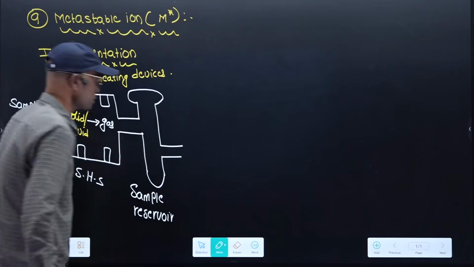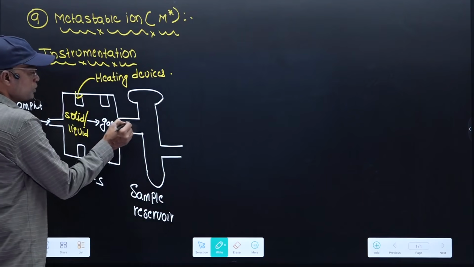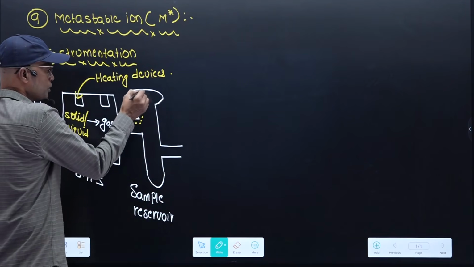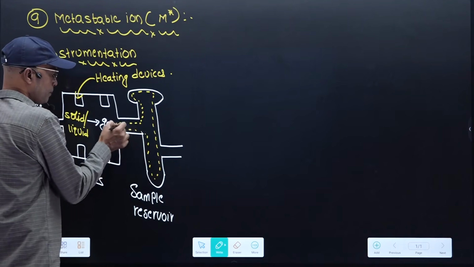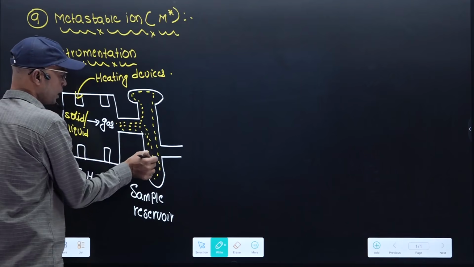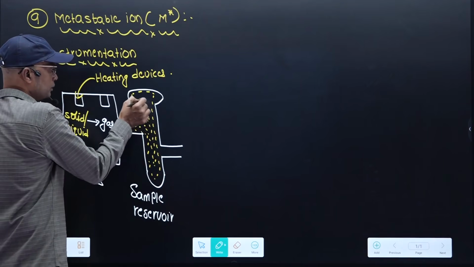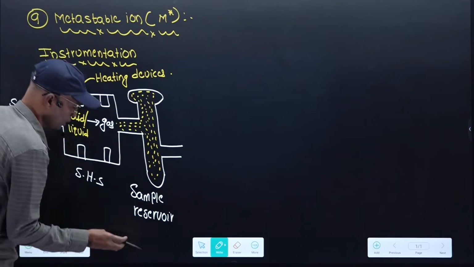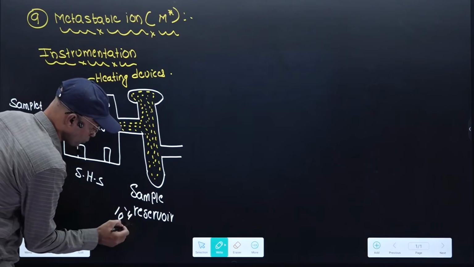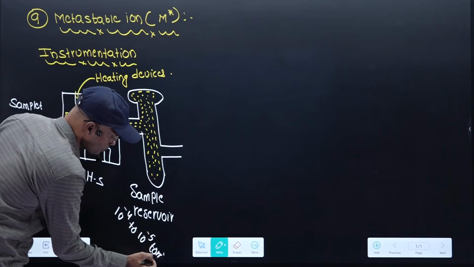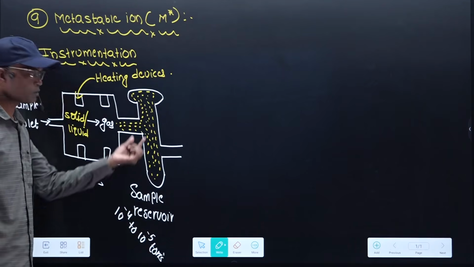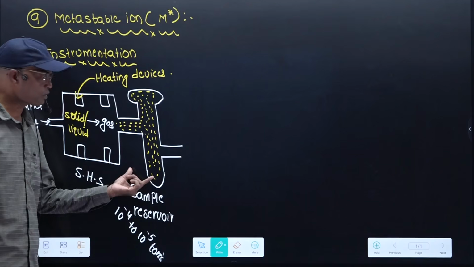The gaseous sample present here will enter into the reservoir. Here some high pressure will be maintained, almost 10 to the power of 4 to 10 to the power of 5 torr. A pressure is maintained over the sample reservoir.